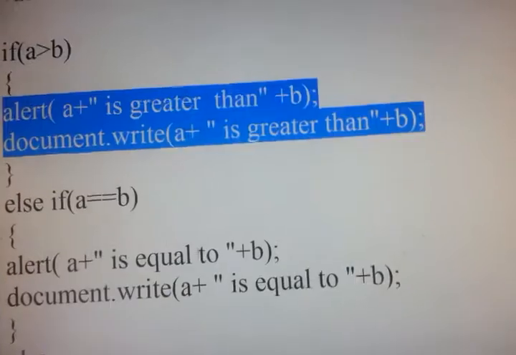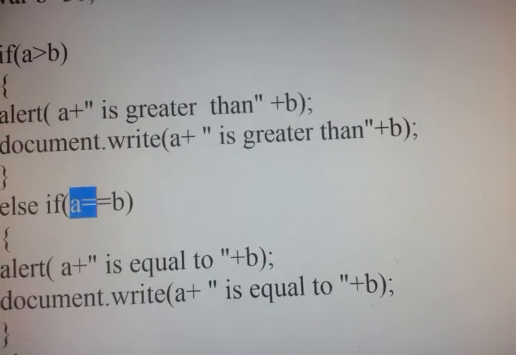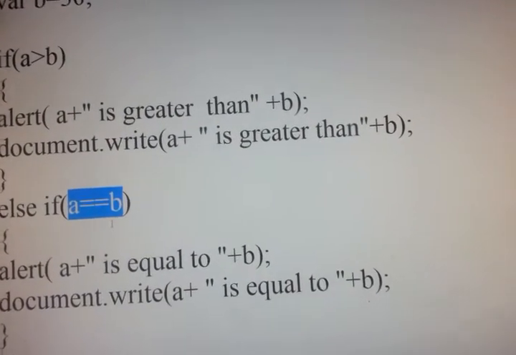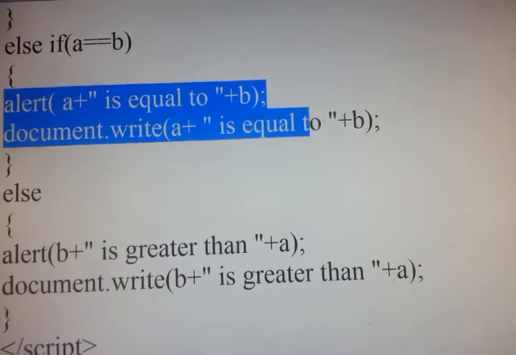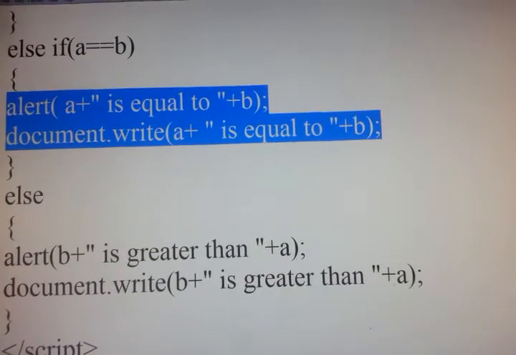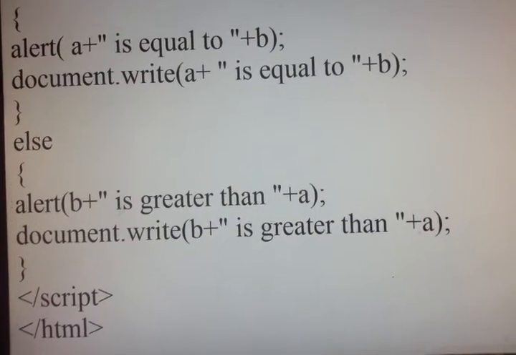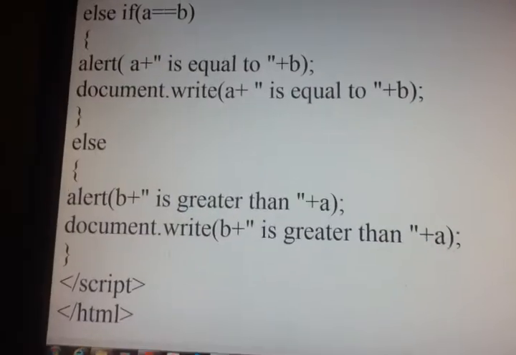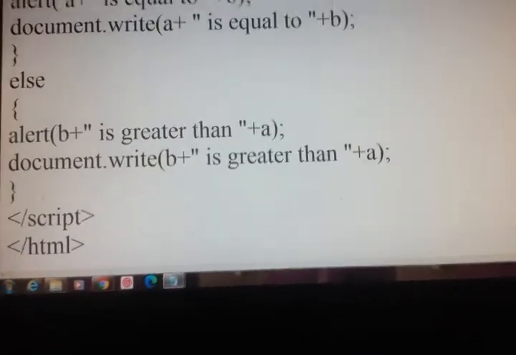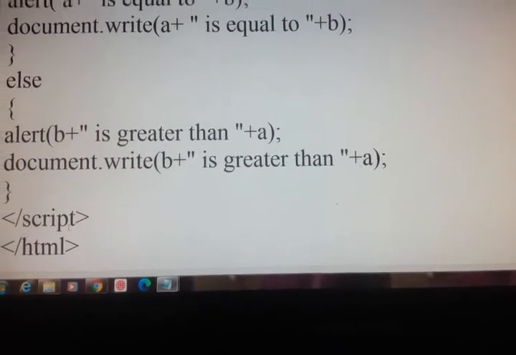It will go to else and check if A double equal to B, 20 and 30 are also not equal, so this also will not be executed. So it will go to the else part, where the else part says B is greater than A, and document dot write B is greater than A. Closing else part, closing script and closing HTML.